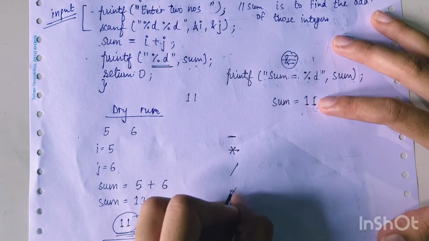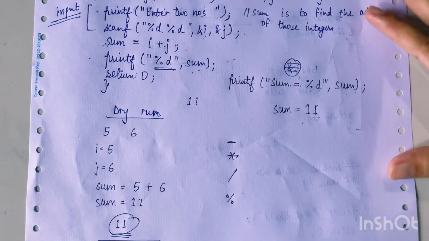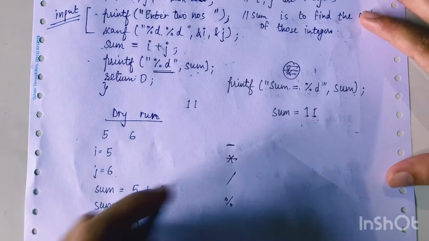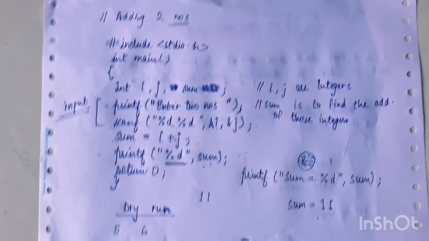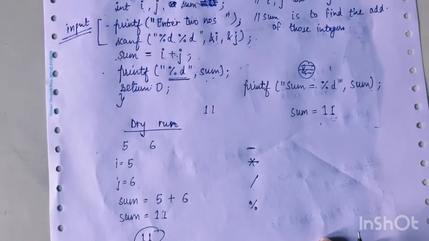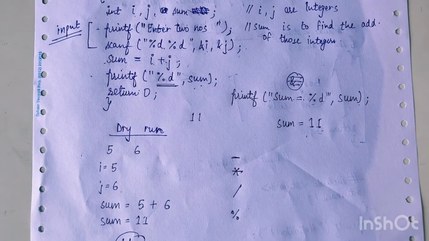We also use modulus for the remainder. I'll make a separate video discussing all the operators in C programming. If you want that video, comment down. Right now I'll just discuss the programming. In the coming videos I'll discuss the logic that you can implement using C programming.